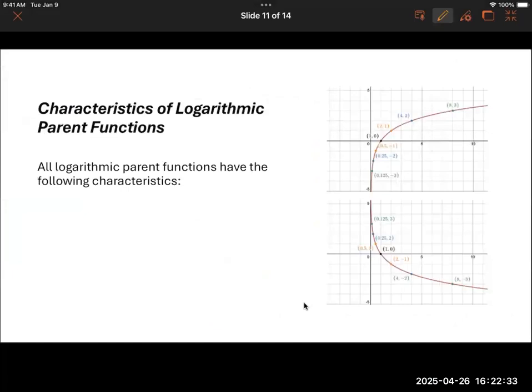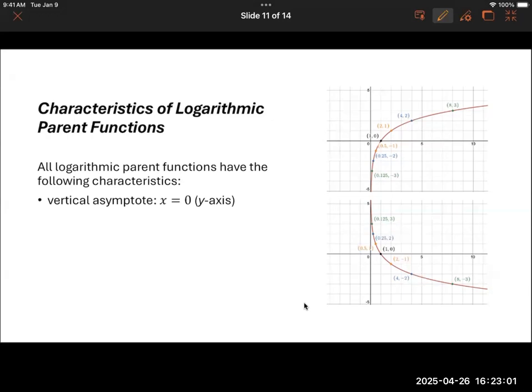So, characteristics for logarithmic parent functions. You'll notice that most of these characteristics are in line with the kinds of characteristics that we talked about with the exponential, but they're kind of the flip-flop of them. So for example, on exponential, we said the characteristic was that you had a horizontal asymptote at y equals 0.